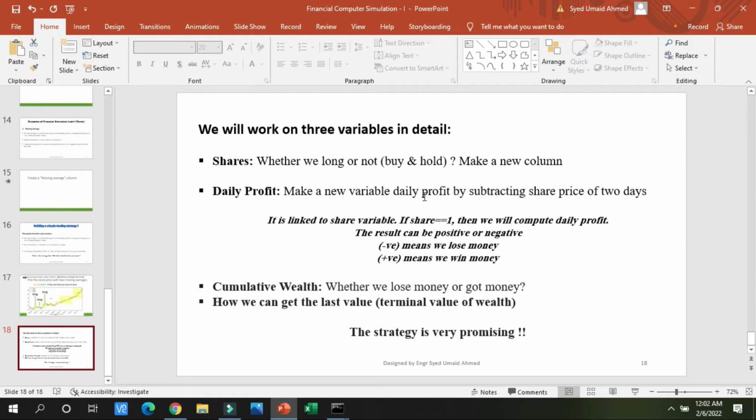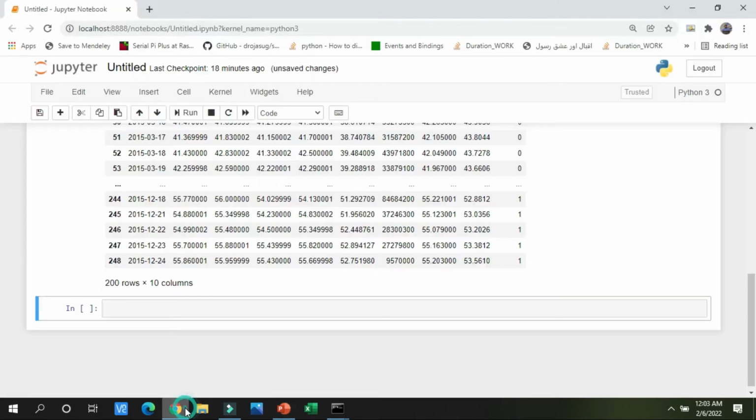You can read here, if share is equal to 1, then we will compute the daily profit, because if share is equal to 1, then this is the day on which we have gone long the stock. If the result is positive, it means we won money, and if the result is negative, it means we lost money.